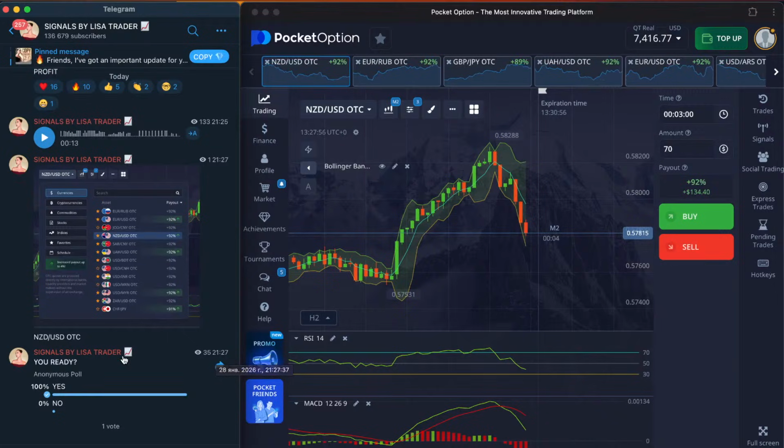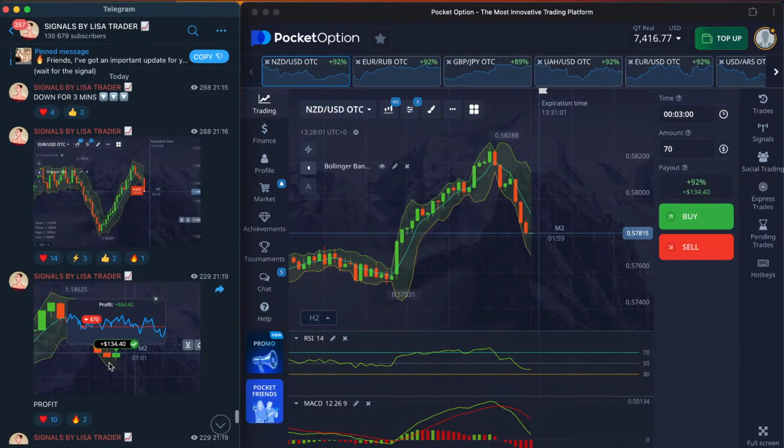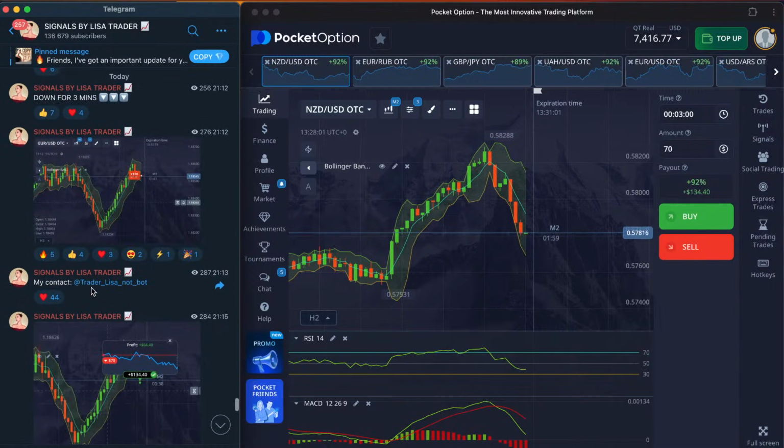Somebody texting, hey Liz, I'm in the whip. This trader Liz not about is talking to me. It's not you. As you can see, I have only one R on the end. As you can see here, trader line Lisa line not line bot. There's no second R. So please, I'm gonna text my contacts here as well. My only one contact.